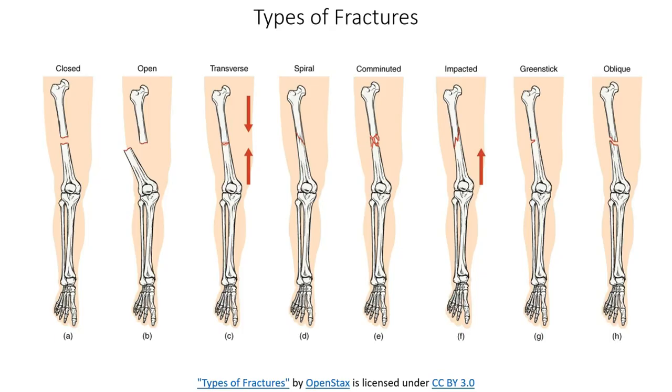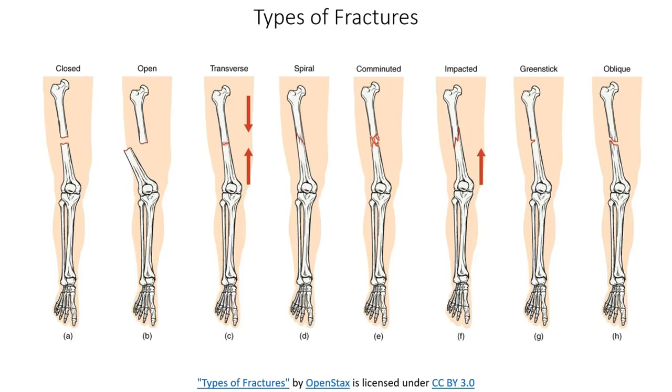So that does require surgical help to get these two ends of the bone aligned together, whereas that closed fracture, also known as a closed reduction, is not going to require surgery necessarily because the two ends of the bones are already pretty close to their natural position, and so just giving that some support and allowing that bone to undergo its healing process all on its own is going to be very, very beneficial without requiring that surgery.